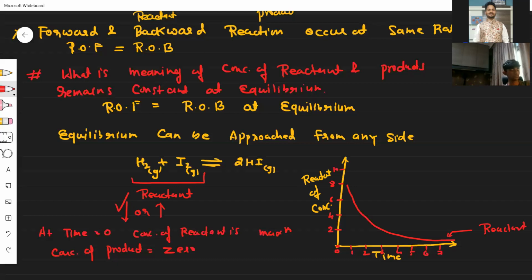Now you tell me, at the beginning whose concentration is going to be nearly zero? The product. So as the time increases, the concentration of product also increases. So there is an increase in concentration of product, and this is a decrease.